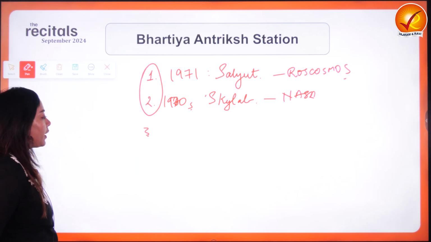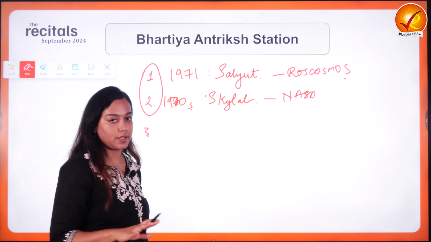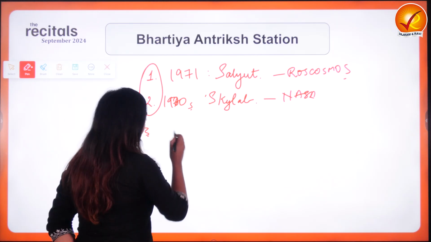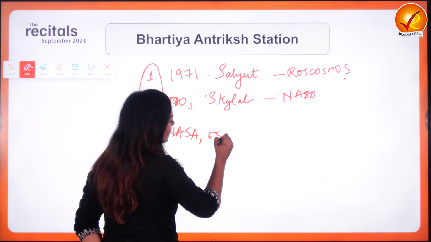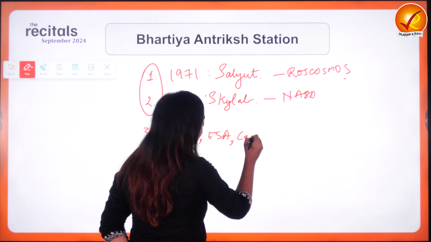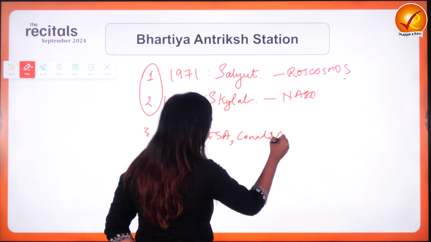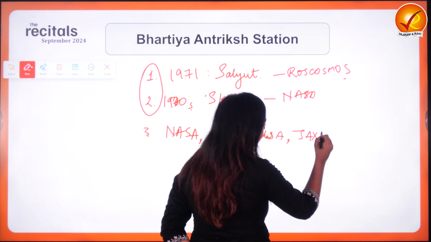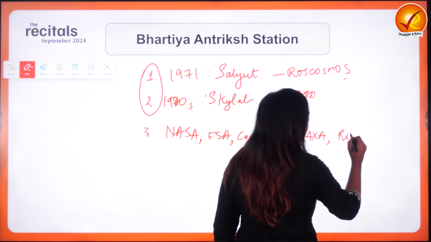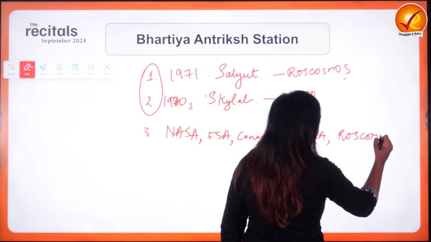So now comes a joint collaboration between 5 major countries. These 5 major countries, let's talk about the space agencies only: NASA, European Space Agency, Canadian Space Agency, Japan Space Agency, and the Russian Space Agency.